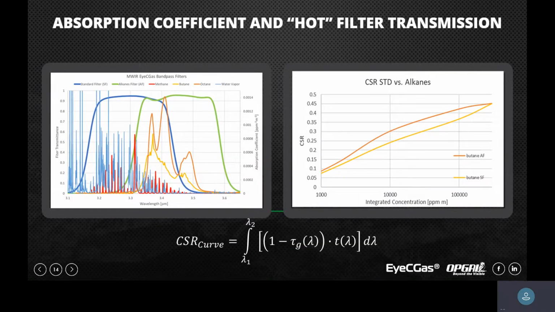So the blue one is the standard filter, and the green one is the alkane filter, and we also call it the long range filter, because look at these blue lines over here. This is the water vapor in the atmosphere. So what happens when you look at the standard filter?